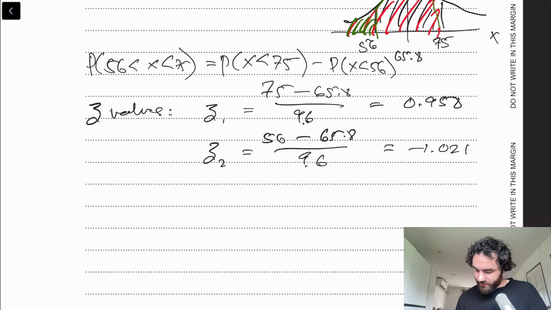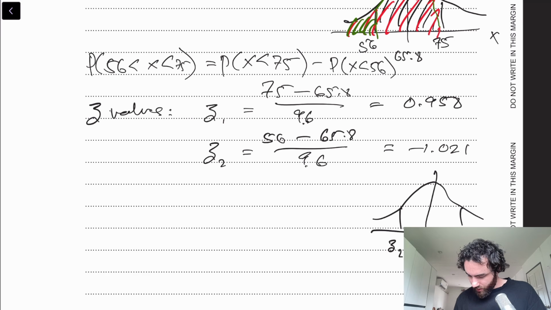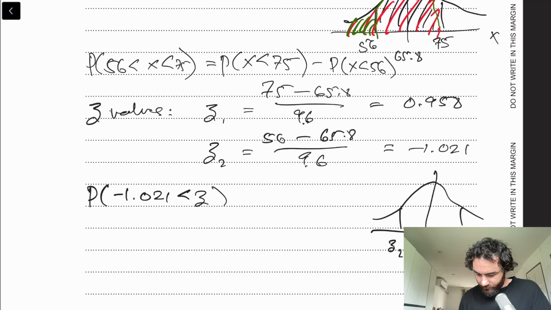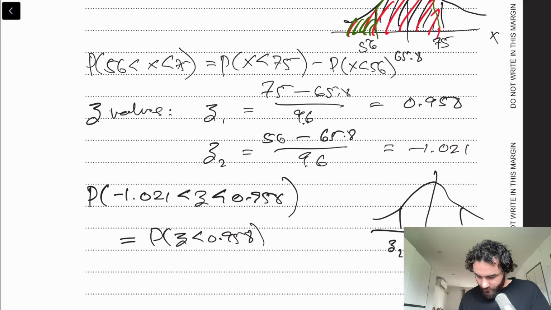Okay, so on the z distribution, this is our z2 and this is our z1. We want the probability that z is between minus 1.021 and 0.958. That equals, again, the probability that z is less than 0.958 minus the probability that z is less than minus 1.021.